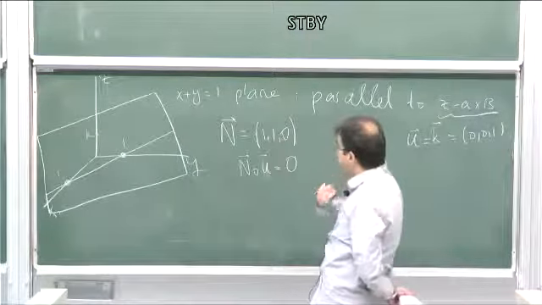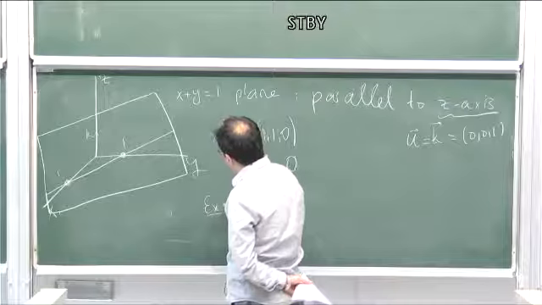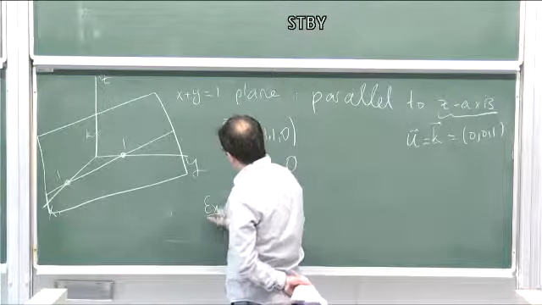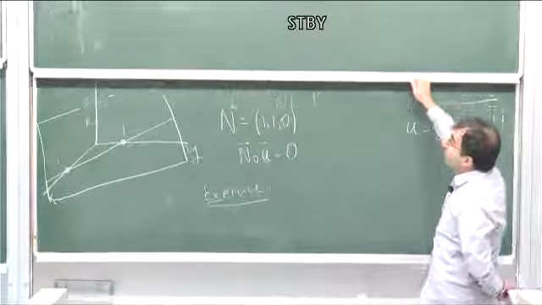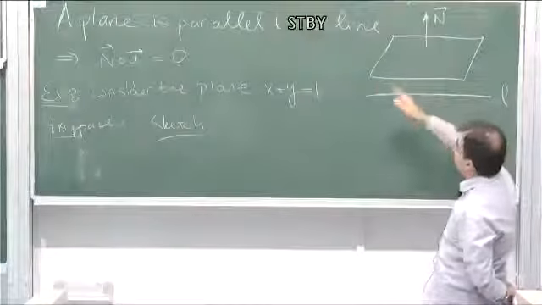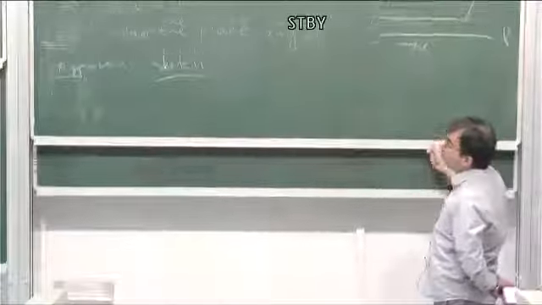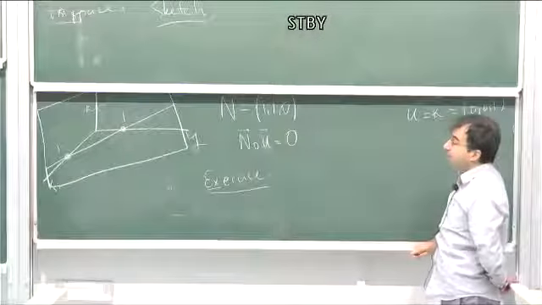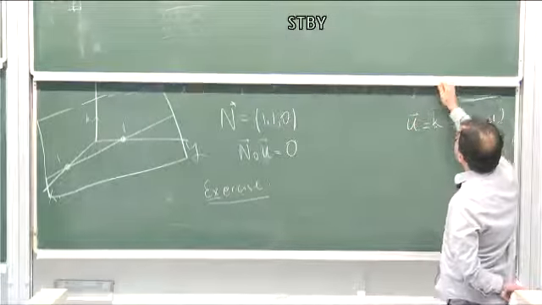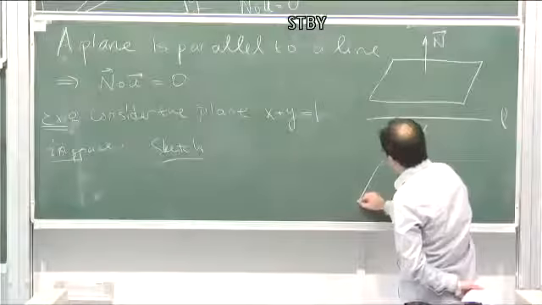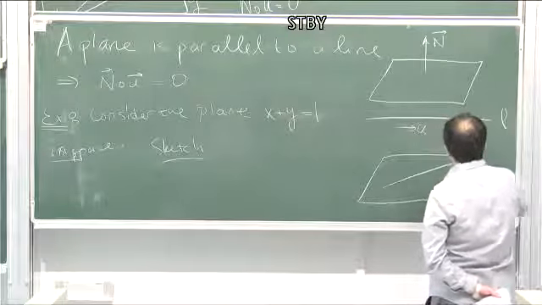Then let me ask you the following question. So, exercise. The point is again that to understand if a line is parallel to a plane, we just look at the dot product of the normal vector and the direction vector. If it is 0, then it will be parallel. However, there is this little possibility that if the dot product is 0, L could be in the plane as well.